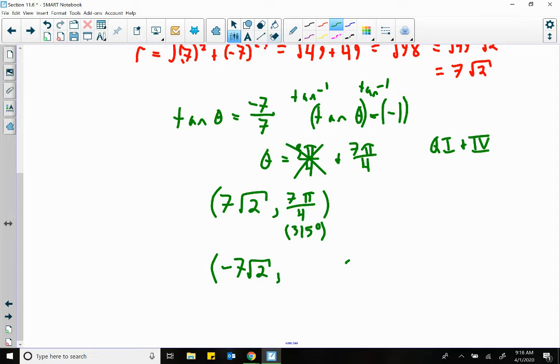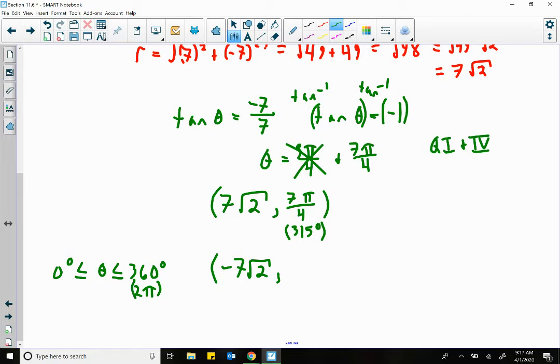The directions also tell you that when you're working with these, they only want answers between 0 and 360 degrees or 2 pi.